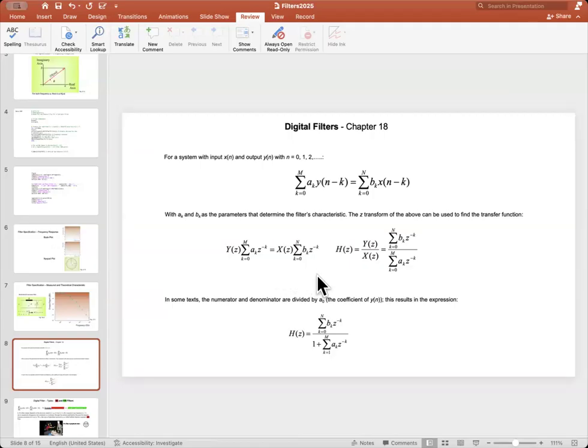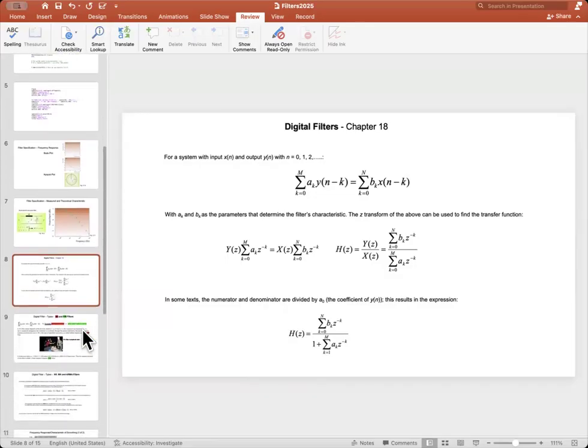By the way, this expression for H(z) is sometimes changed by dividing by A naught, and then you get the expression in the lower part. But that's just a different way of presenting it. It's the same thing, of course.